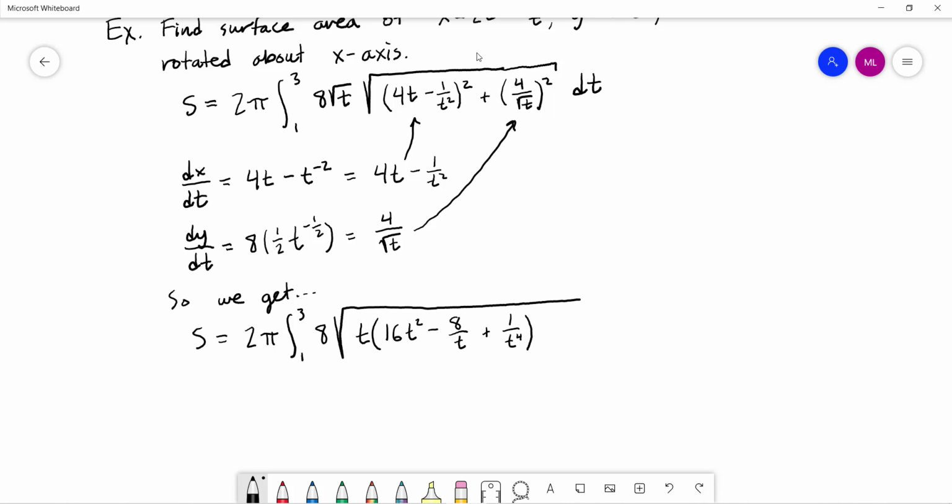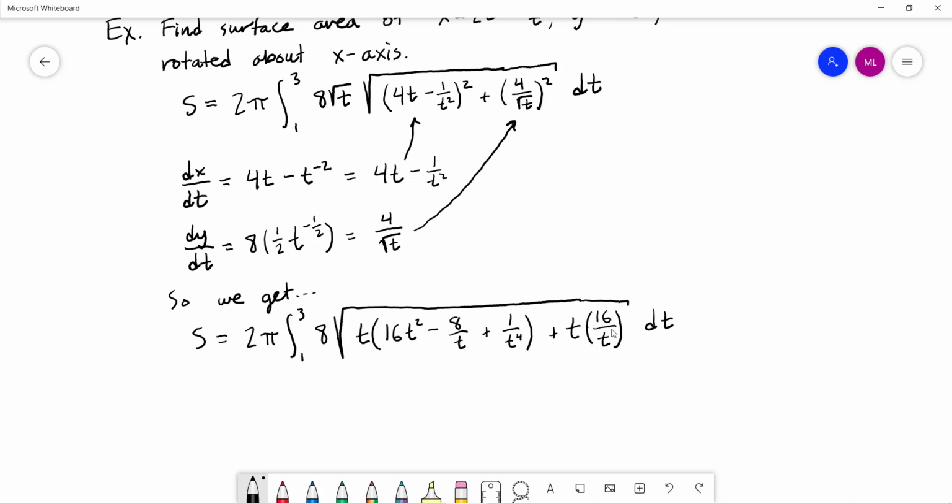Okay, got all of those pieces. So that's just this FOILed out with this t sitting here in front of it. Do the same thing to this one. I'm going to have a t sitting in front of it, and we'll get 16. When I square this, I'll just get a t in the denominator. So 16 on the top, a t in the denominator, dt.